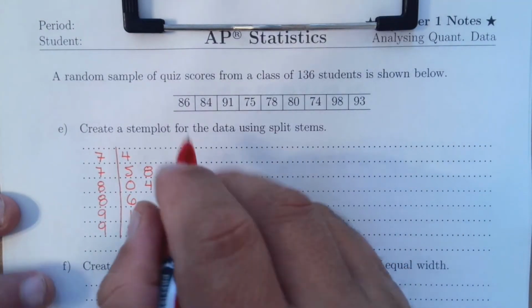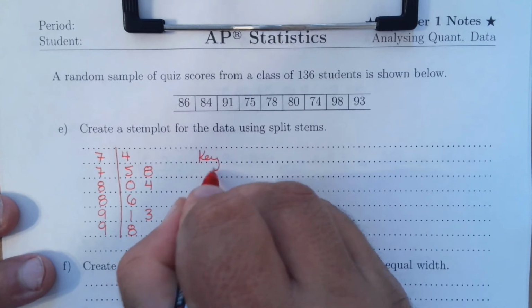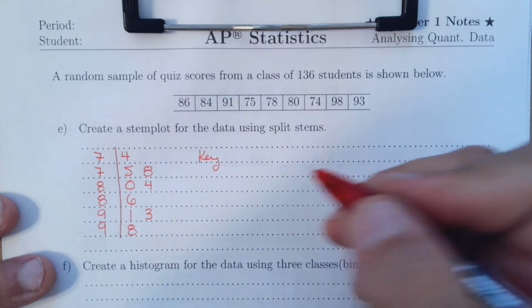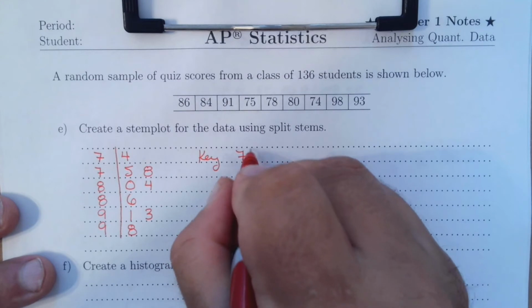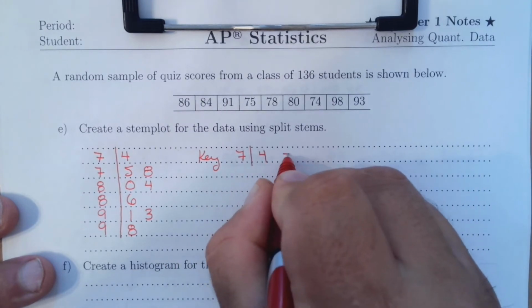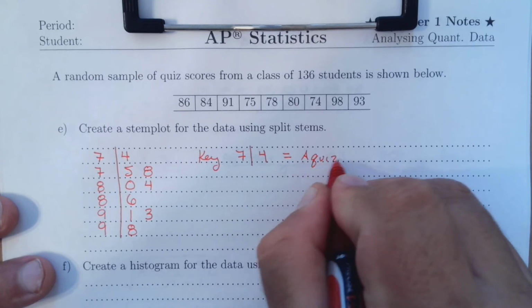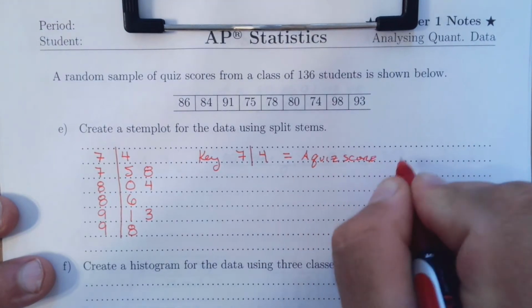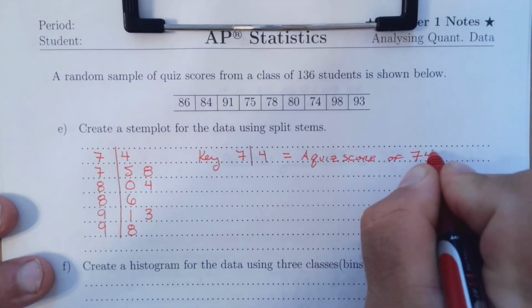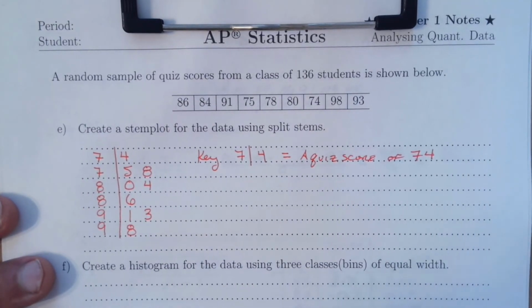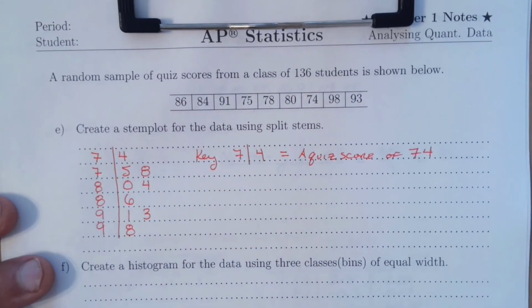It is always very important to have the key for your data. In this case, my key might be written such that this represents a quiz score of 74. That would be my data with split stems.